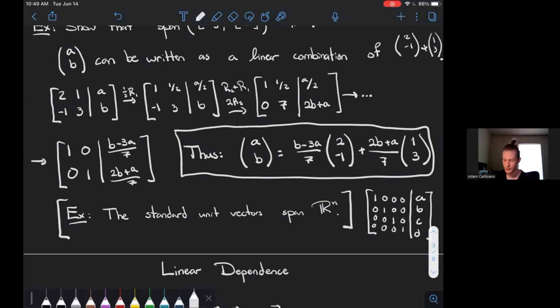We want to write A, B, C, D, any vector in Rn, as a linear combination of the standard unit vectors. What you do is you just take A times the first standard unit vector, B times the second one, C times the third, D times the fourth, and so on. You just extract the entries one at a time. That's very nice. So this is like obvious.